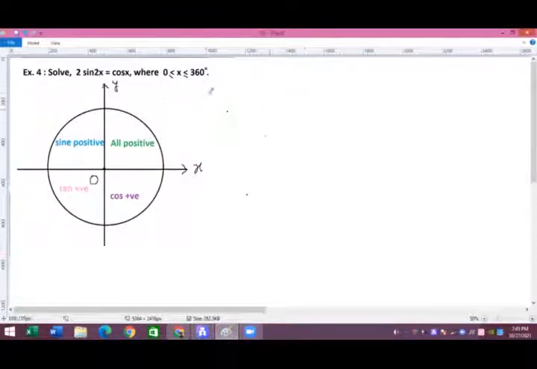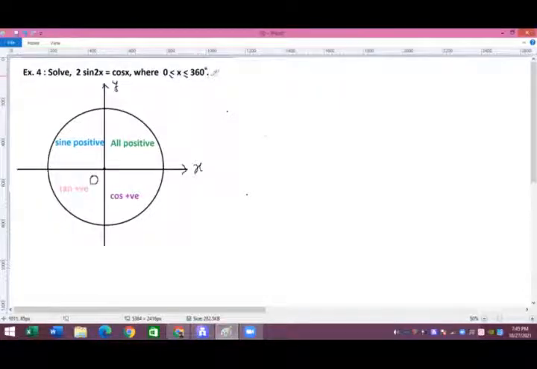Finally, let's try a complete question. So here you can see in example 4, solve 2 sine 2x equals cos x, where 0 is less than or equal to x is less than or equal to 360 degrees. So you have to take care of the range of value of x given.